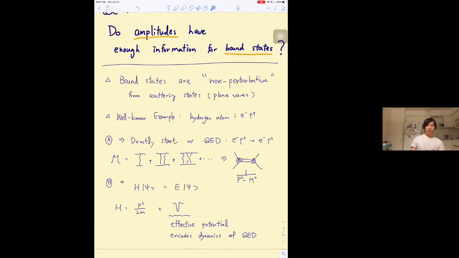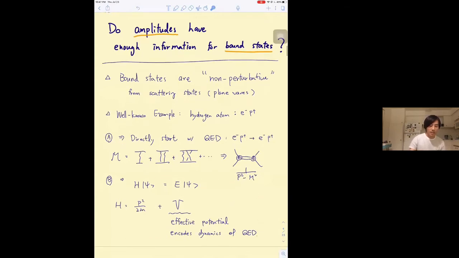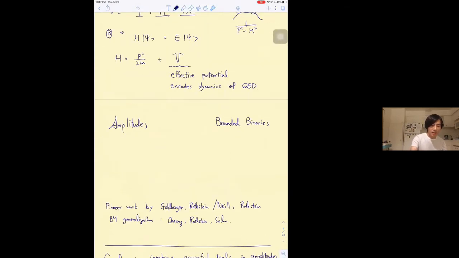So we can turn this question around: how do we learn about bound states from amplitudes? Going from amplitudes to bound states, the connection might not be that straightforward.